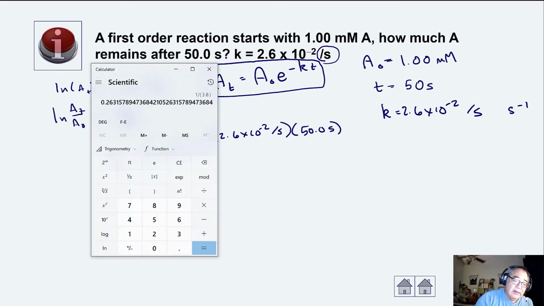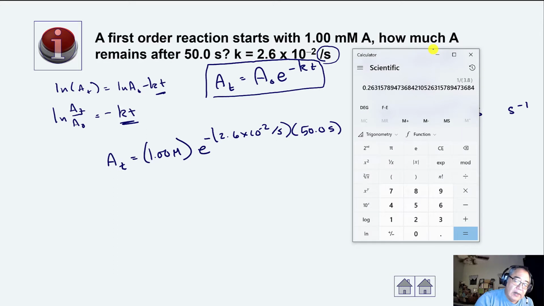So we'll pop up the calculator. We're going to go 2.6, I'll change the sign when I'm all done, times 10 to the negative 2, times 50. So that's 1.3, so I'll change the sign for that. So it's negative 1.3, and then I'll do the e of that. I think I still have to raise it to a power. Let me double check.